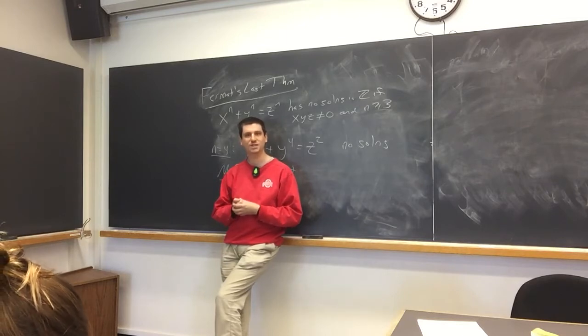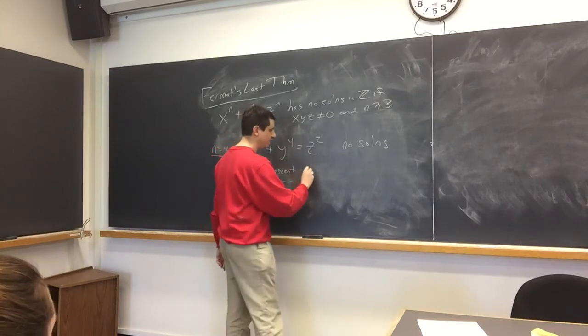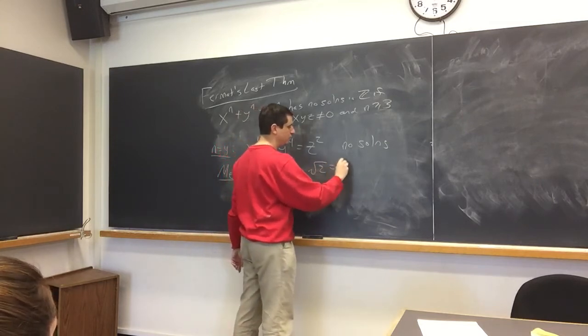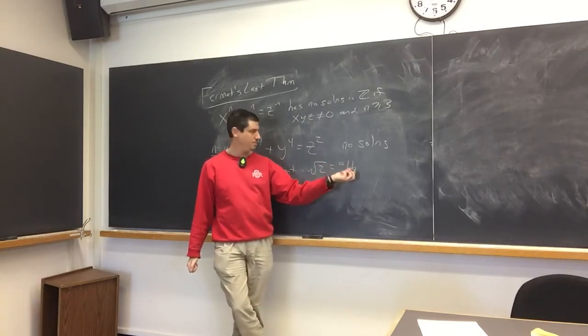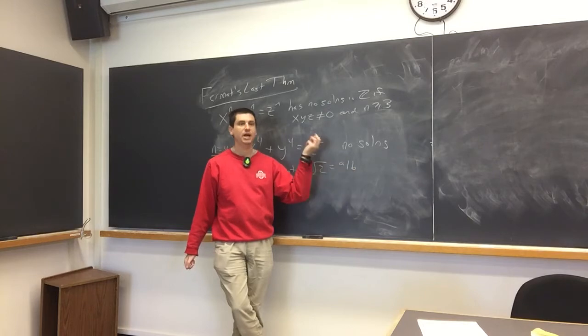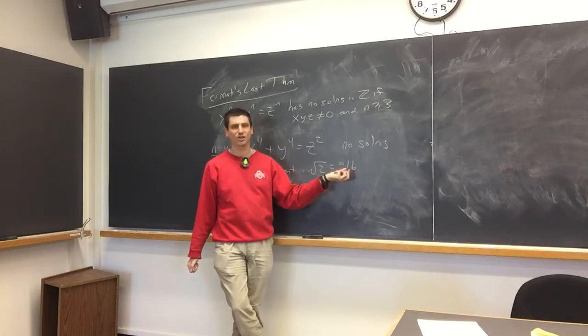Where have we seen this idea before? Proving that root 2 is irrational. When we wrote root 2 equals a over b, we assumed we had a solution with a and b non-zero integers, we chose them to be relatively prime, and we took the smallest b that worked. Then we showed that if this was true, we could find a new rational solution that had smaller b. And since the smallest value of b is 1, we can't have b getting arbitrarily small.